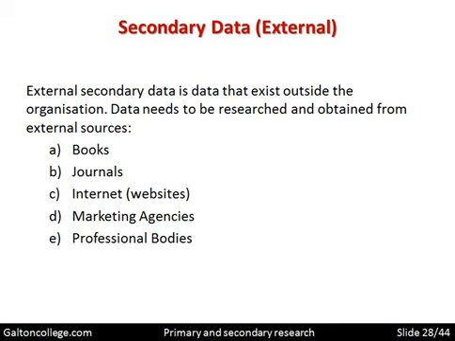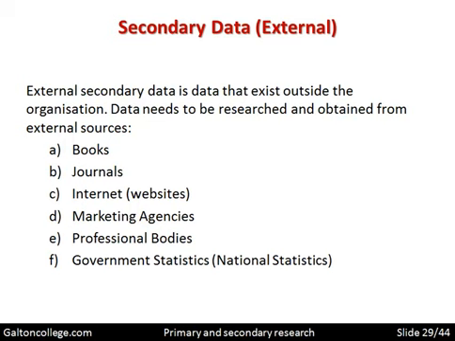Professional bodies collect information as well. Accountancy bodies and marketing, the Chartered Institute of Marketing. Different professional bodies collect information and publish the information, and perhaps some companies are able to access some of that information and use it to help them to make better decisions.